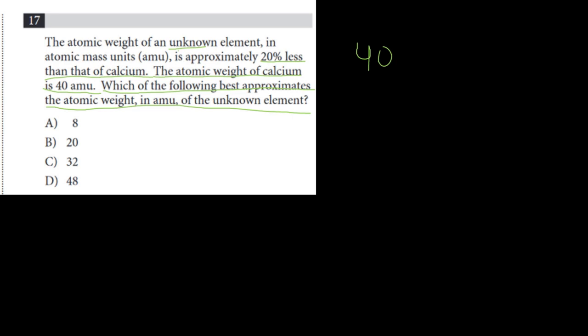So to do 20% less, it's the 40 starting point times 0.8. If you type that in the calculator, that's going to be 32, and then C will be your answer.